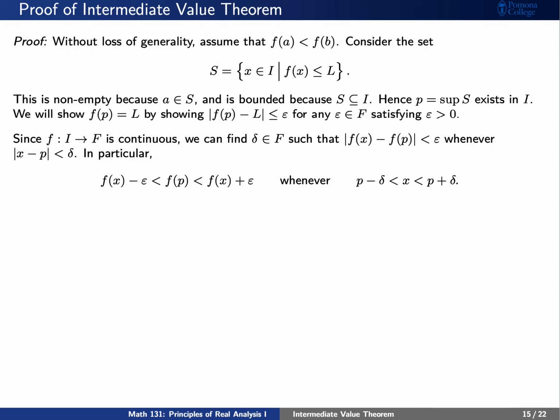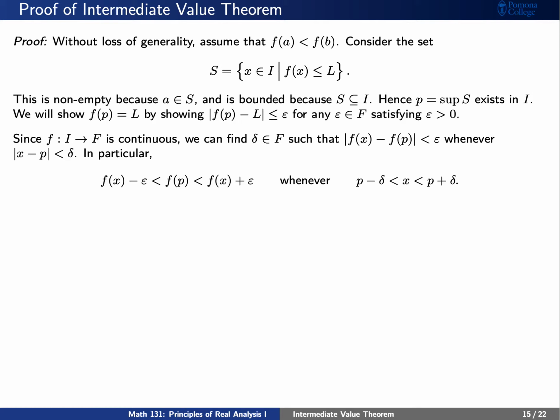Since our f is a continuous function, we can find the delta such that in absolute value, f of x minus f of p is less than epsilon whenever in absolute value, x minus p is less than delta. Unpacking what it means to be an absolute value and adding or subtracting if necessary, we now see that we have a couple of inequalities.